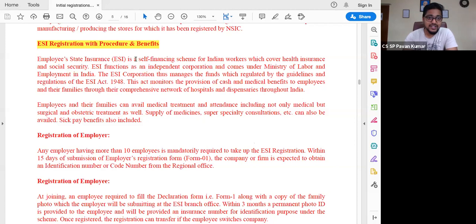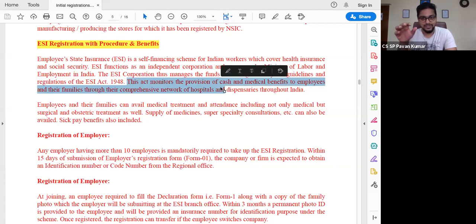Employee State Insurance is a self-financing scheme for Indian workers, which covers health insurance and social security. ESI functions as an independent corporation and comes under the Ministry of Labour and Employment in India. This act monitors the provision of cash and medical benefits to employees and their family members.